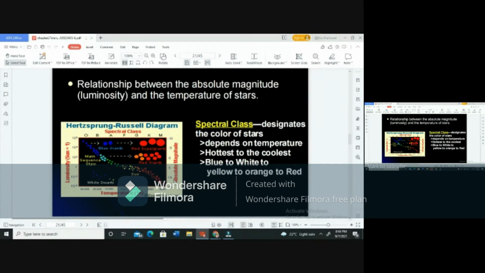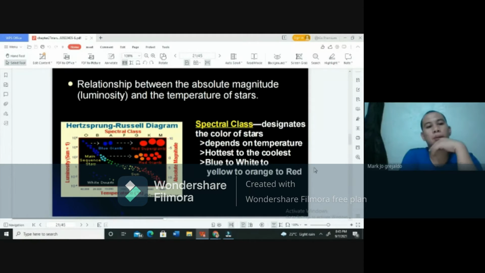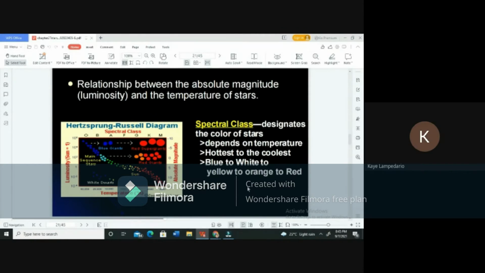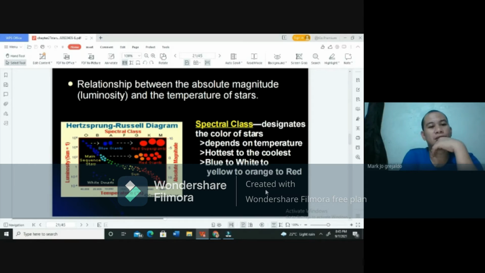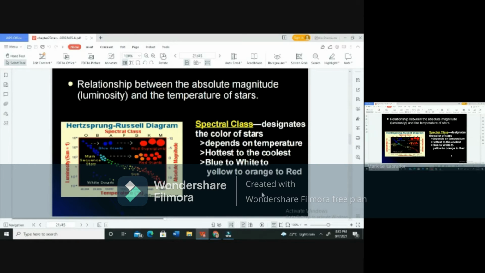So imagine niyo si sun. Nakikita niyo ba si sun? Saan siya banda? Anong color si sun? Yellow, orange. Okay, yellow to orange color siya. So marami pang mas hot kay sun.